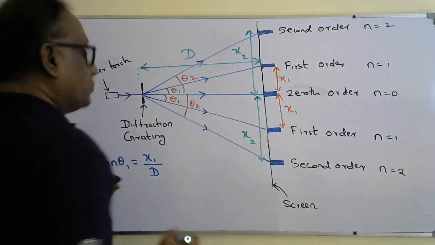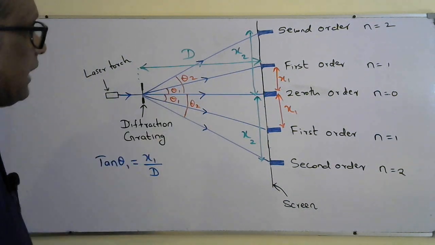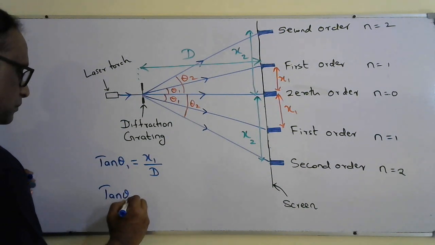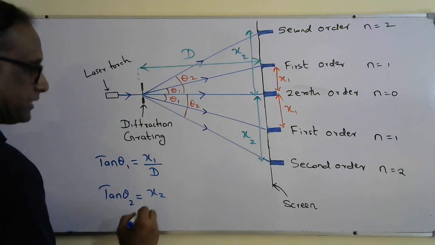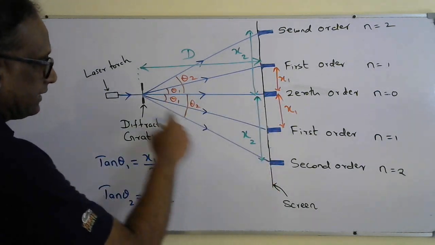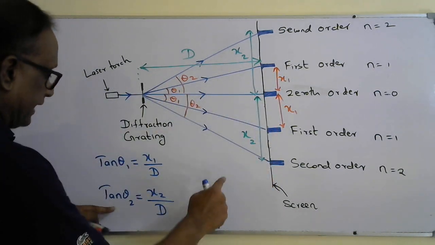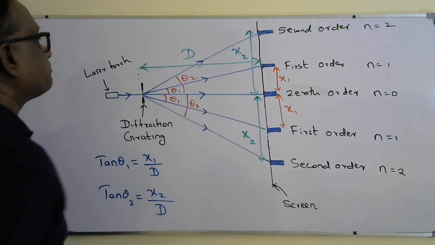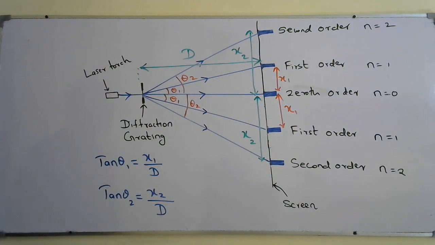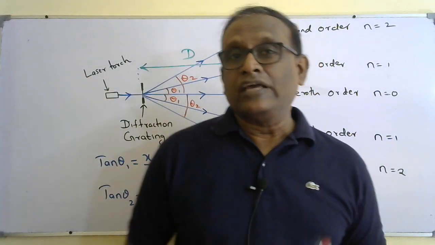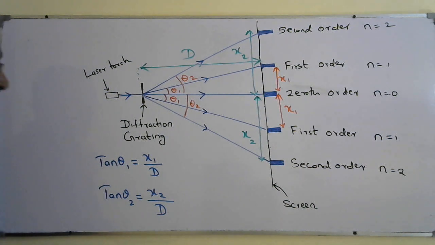Then I can find the angle theta 2 by using tan theta 2 equal opposite over adjacent in this right angle triangle, which is x2 over D. This is the way we measure the angle of diffraction, not by using a protractor. This is the way we calculate the angle of diffraction.